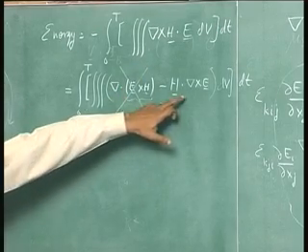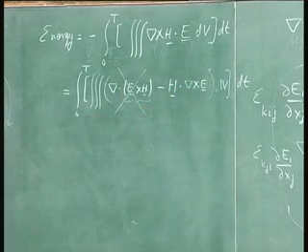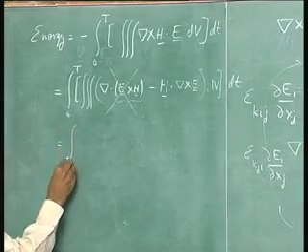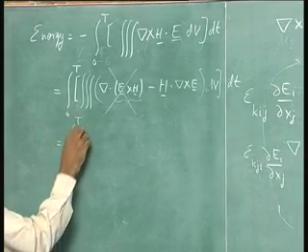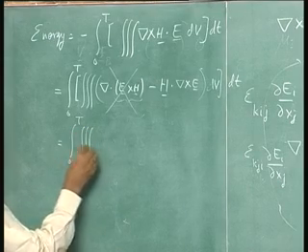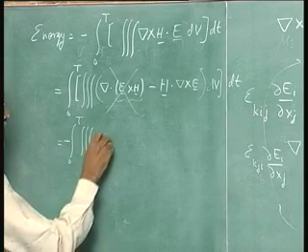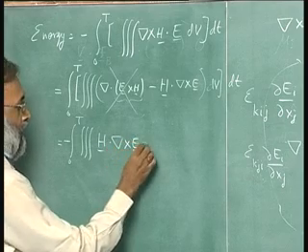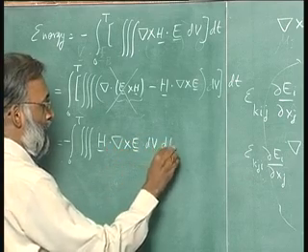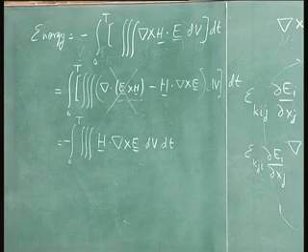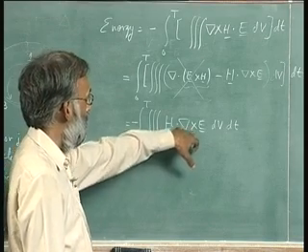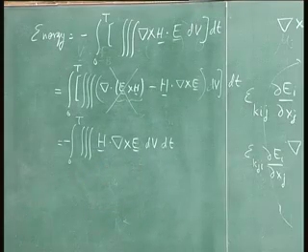So, we are left only with this term. So, it is equal to integral 0 to t volume integral minus sign outside h dot curl of E dV dt. But what is curl of E? That is where Faraday's law comes in. Faraday's law tells us curl of E is minus del B del t.